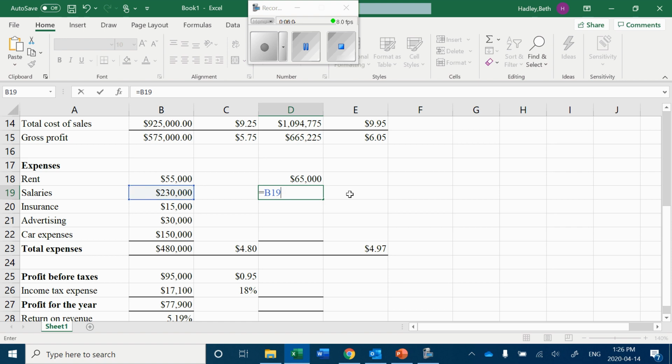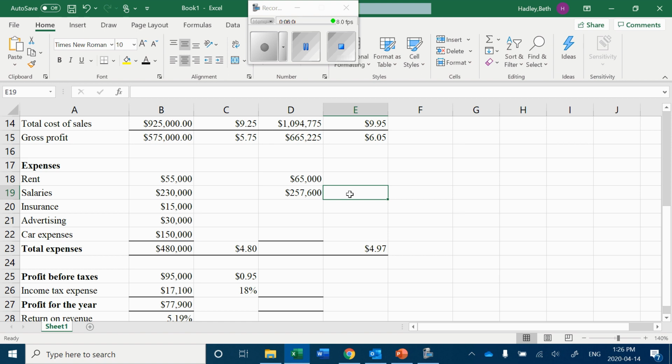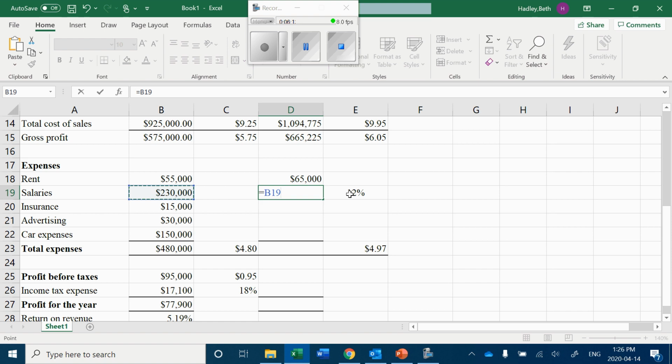So that would be equals that times point... I'm going to put 12% here, and then it's equals this multiplied by your 12% plus the original 230 gives you your 257,600.